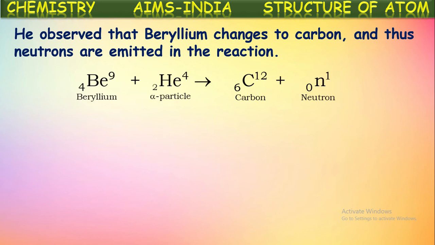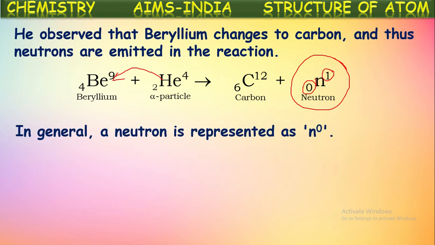When they hit the beryllium atom nucleus, it converted into a carbon atom, and some other neutral particles were emitted, which he called neutrons. These neutrons have 1 unit mass, and there is no charge for these particles.